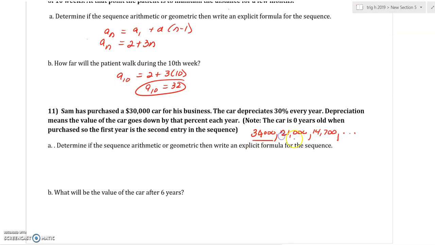So I started out with 30,000 and then I multiplied 30,000 by 0.7, so 21,000 returns, then 14,700, etc. So we know that we're multiplying by 0.7, so that's our common ratio, it's geometric. Our first term is 30,000. So here's our formula.